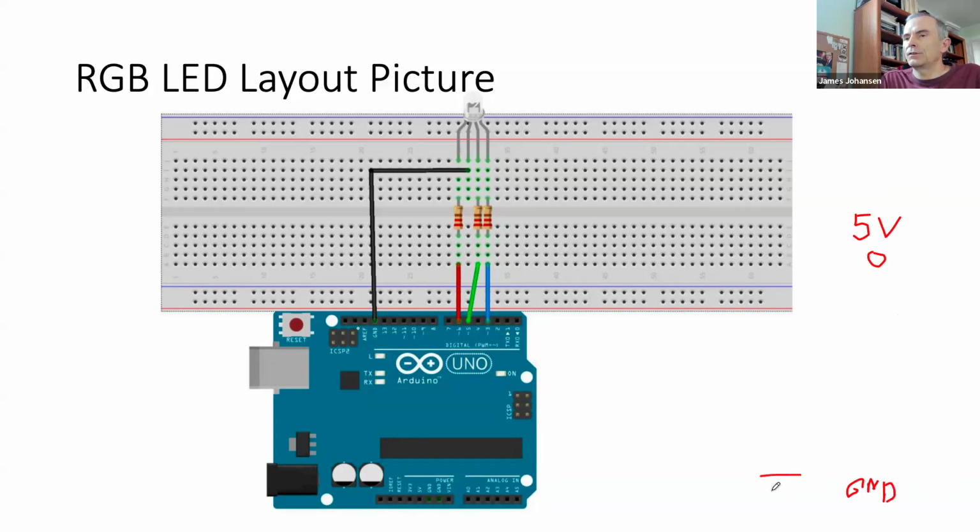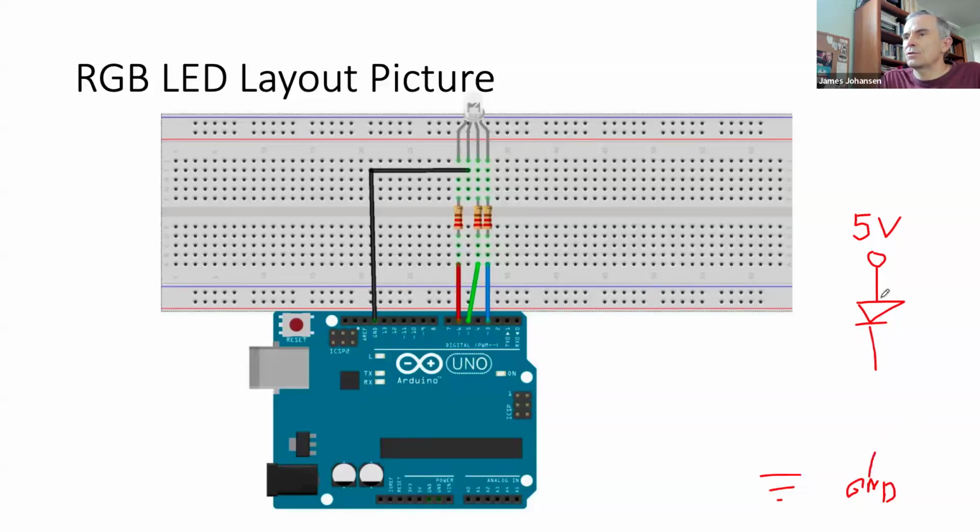In schematic terms, it looks like this. And so we have something here. Let's say I'm going to be hooking up an LED, which is a type of diode. Well, I can hook that up to ground.